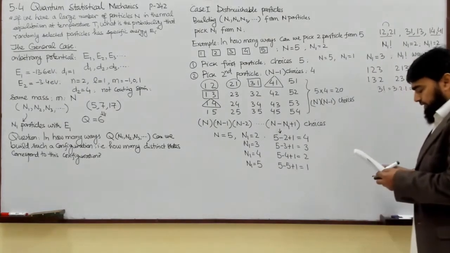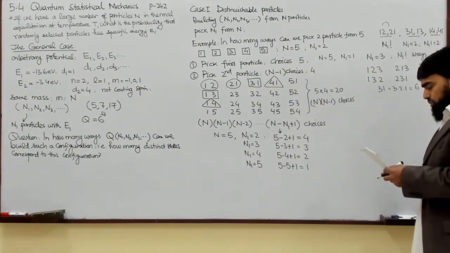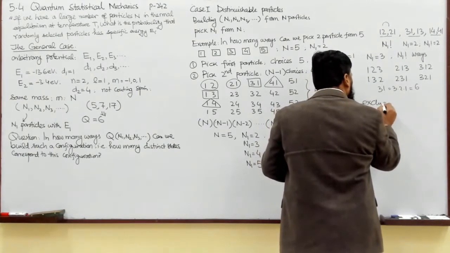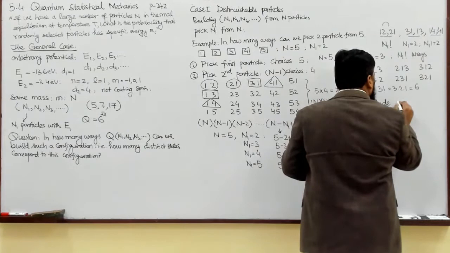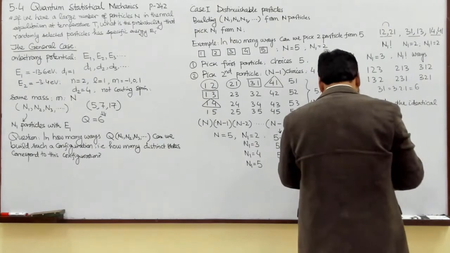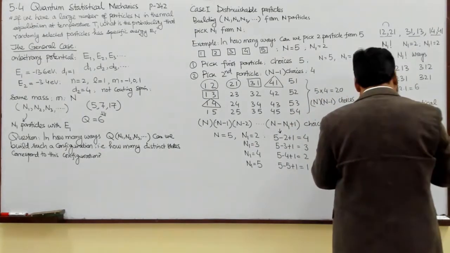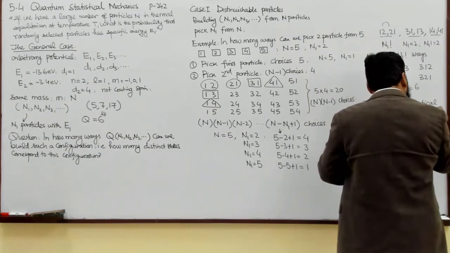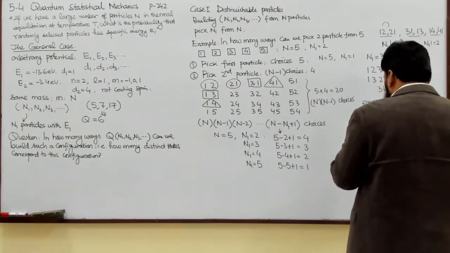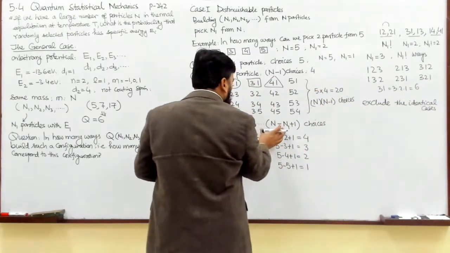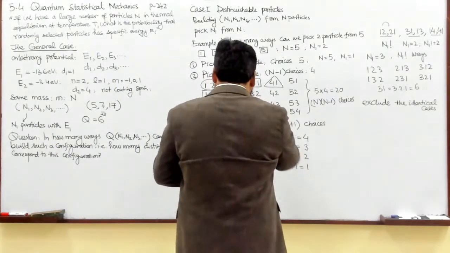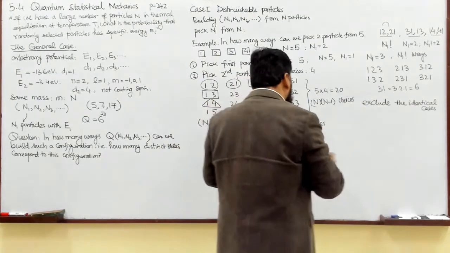So I can write that in order to exclude the pairs or exclude the identical cases, means the pairs that were coming in there as identical, we will have to divide the total number of configurations, which are n into this, by n1 factorial.